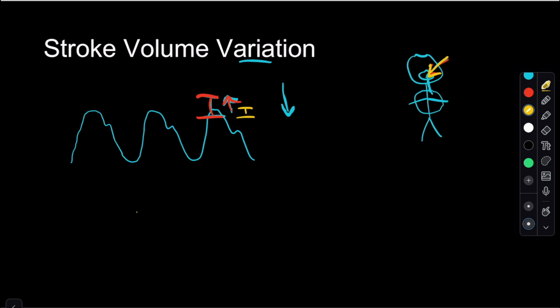So ultimately, the criteria you would use is if you see a stroke volume variation of greater than 15%, then that's your indicator that the patient is probably volume responsive. If they have a large degree of stroke volume variation, then you could give them fluids or colloid, some sort of intravascular volume, and that would help improve their hypotension or perfusion, whatever you're trying to treat.